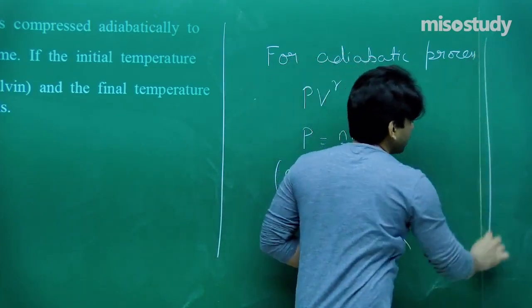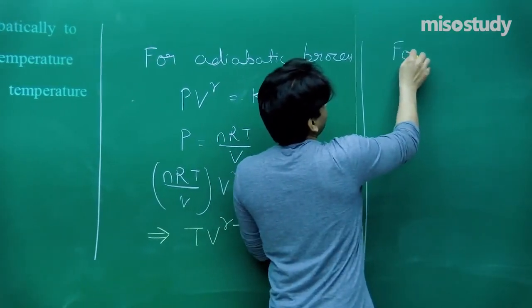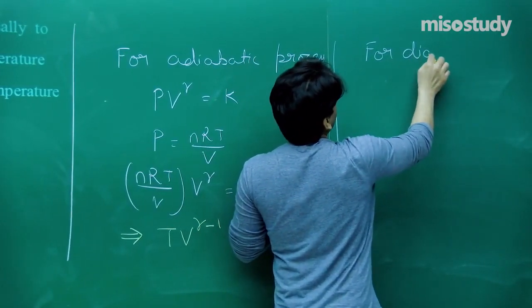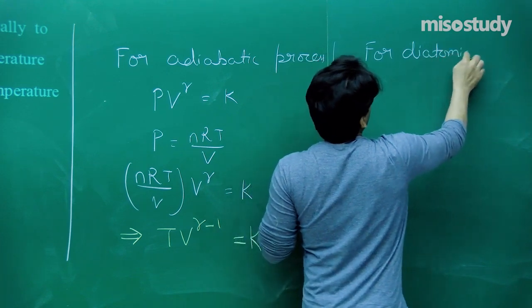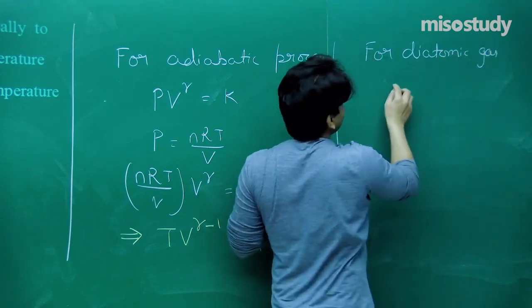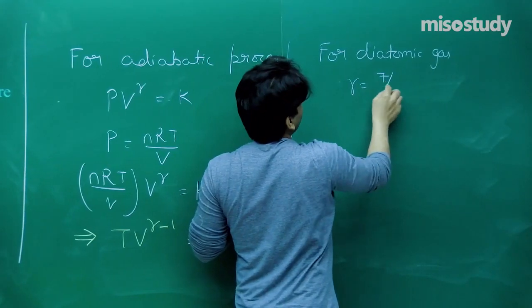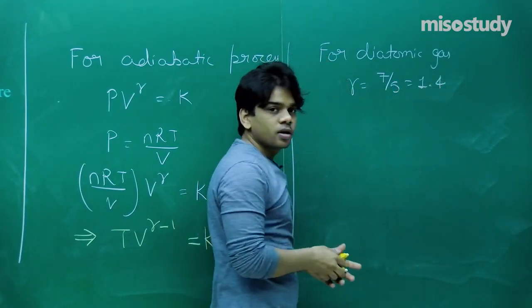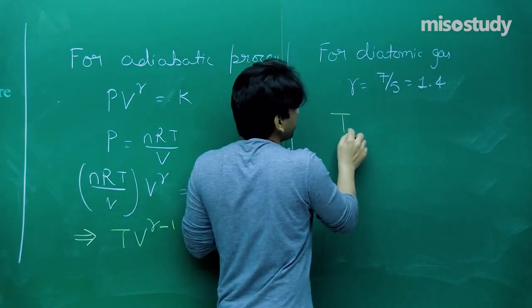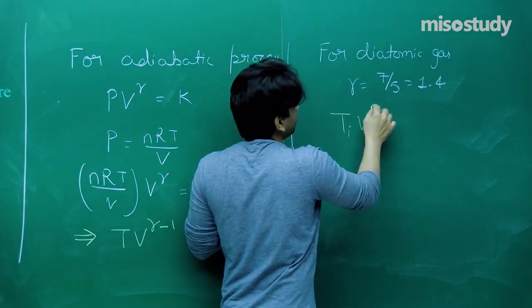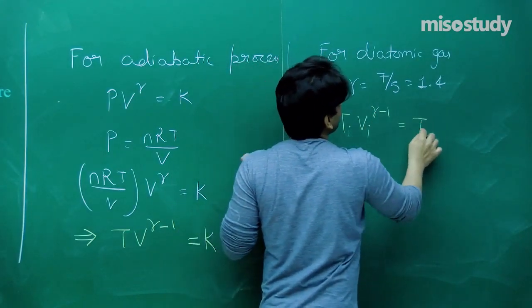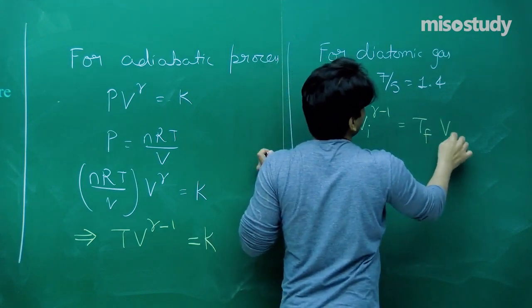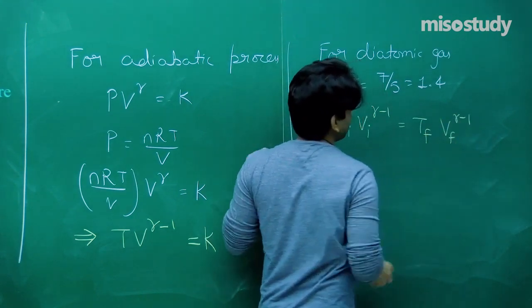So for a diatomic gas, we can say gamma is equal to 7/5, that is equal to 1.4. Now, using T initial, V initial to the power gamma minus 1 is equal to T final, V final to the power gamma minus 1.